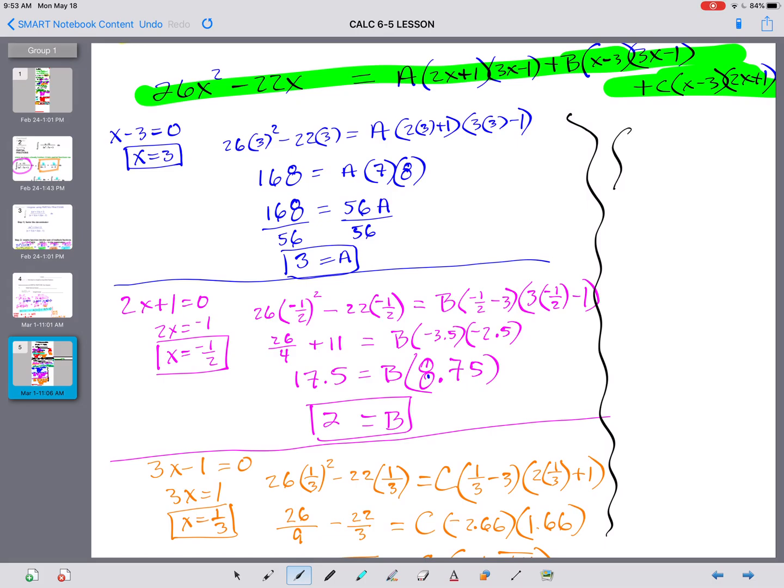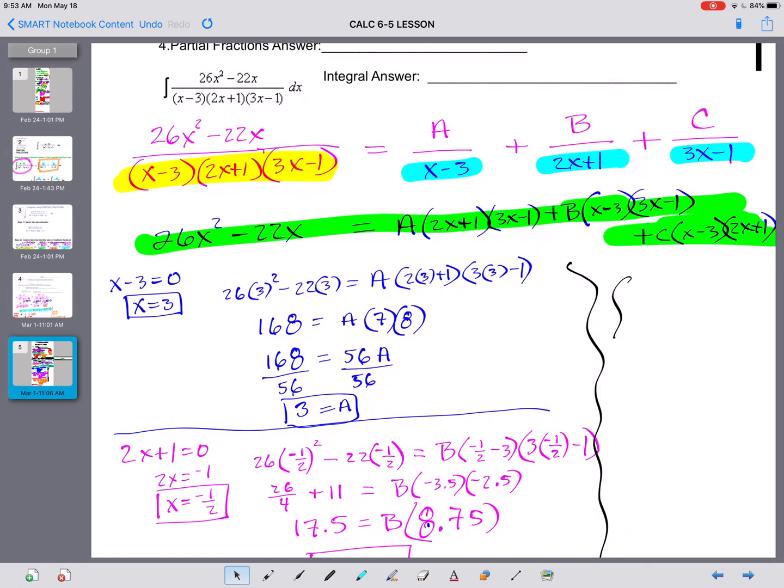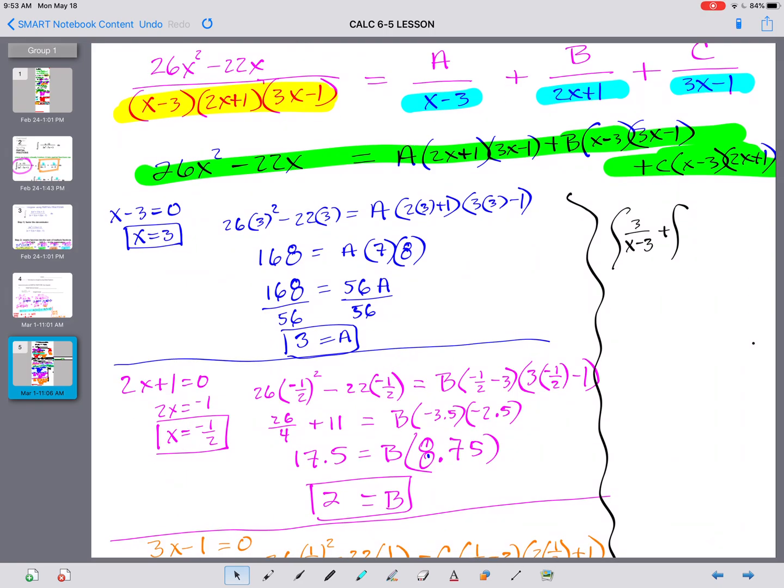It's the integral of 3 over x minus 3, plus the integral of 2 over 2x plus 1, plus the integral of 1 over 3x minus 1. What's the A term? 3. The B term is 2. The C term was 1.